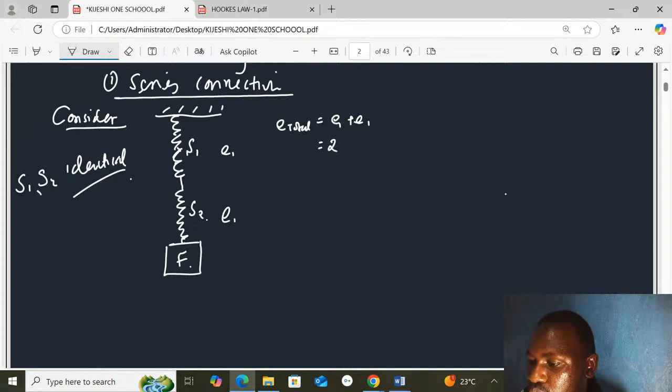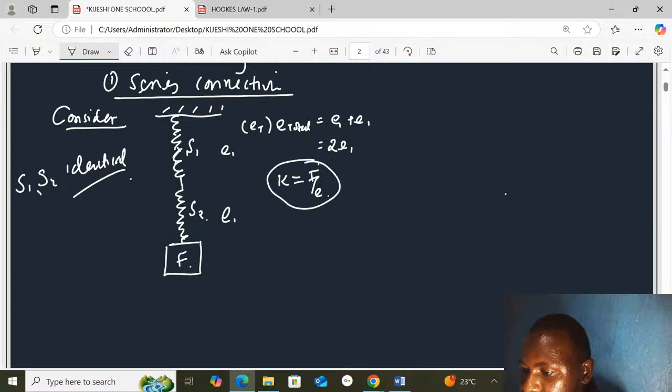This is same as 2E1. But remember the formula of calculating the spring constant K is given by force over extension. This is for one spring, you can say F over E1 there.